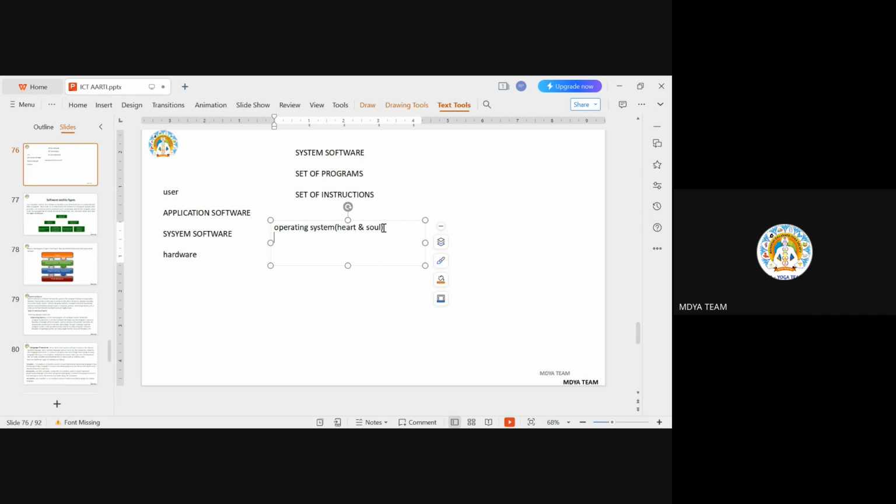Same like that, if you want to do any work like printing, scanning, or displaying, there are so many layers between me and that work. The operating system is the heart and soul here.